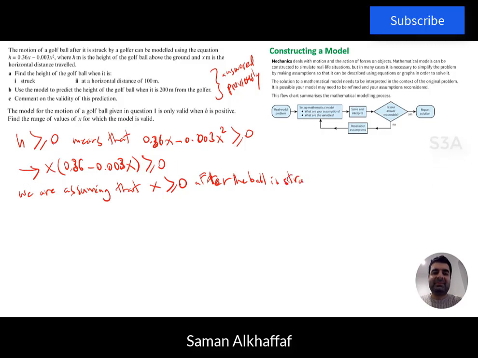So we need the bracket to be non-negative.